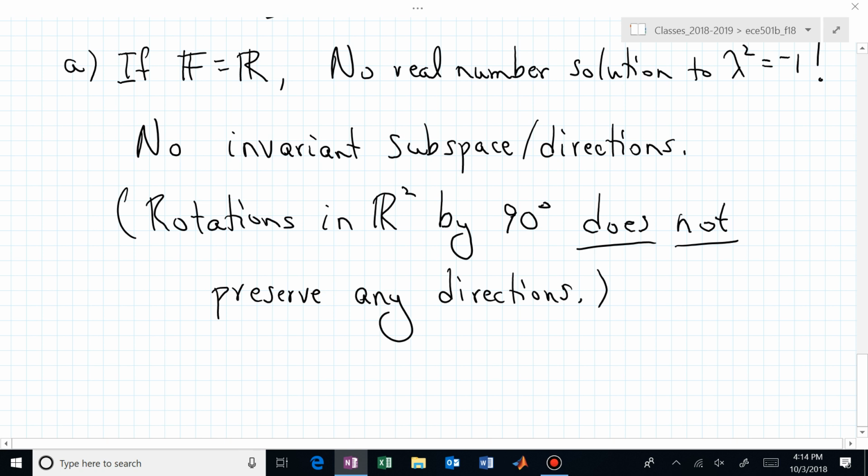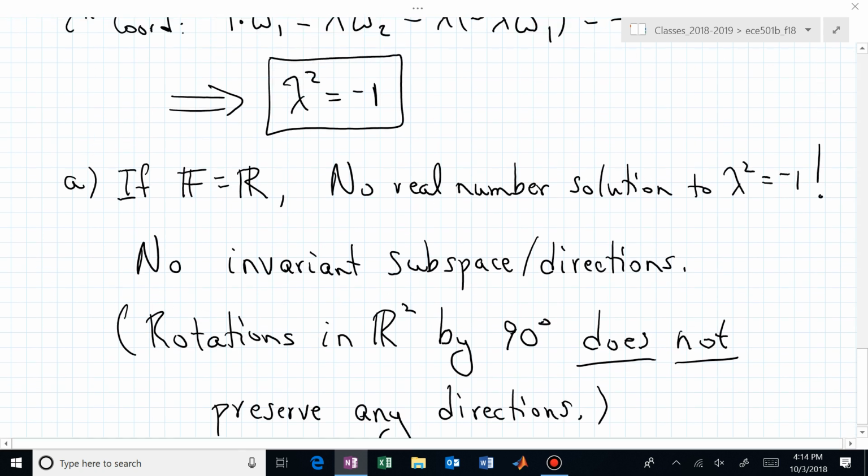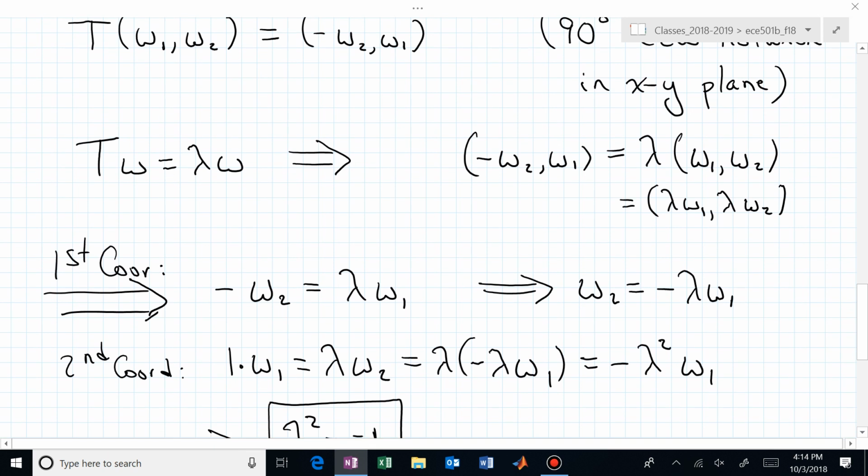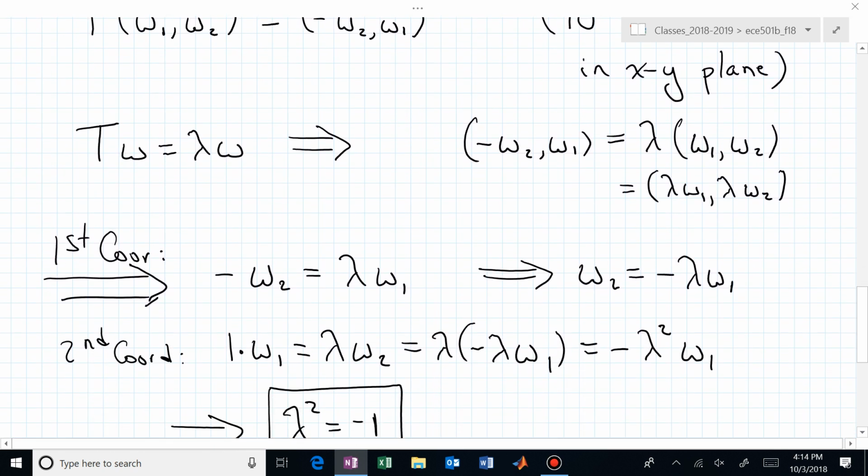If we were trying to find an invariant direction, we want to see whether there is a direction which, when we operate on it by this T, we get back that same direction. And that's not possible for this linear operator when the lambdas and the w's are constrained to be real.